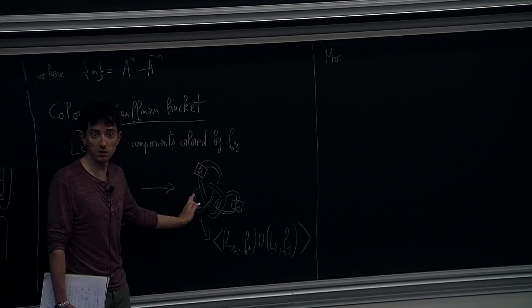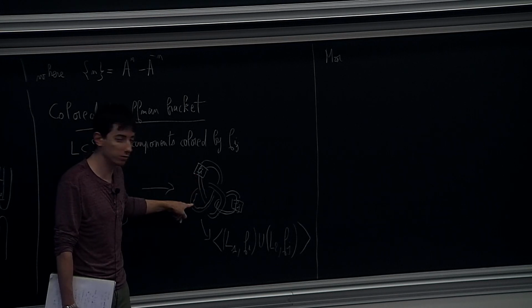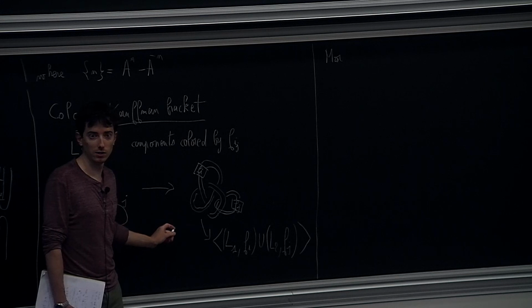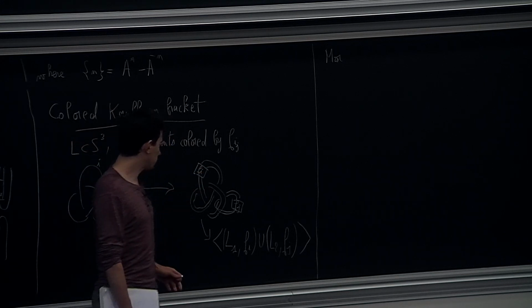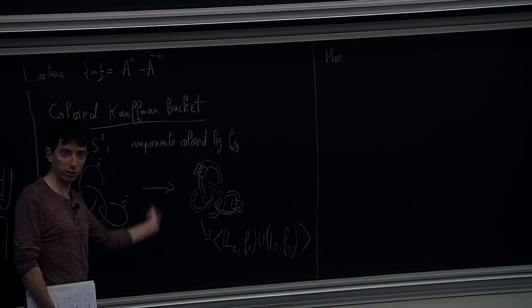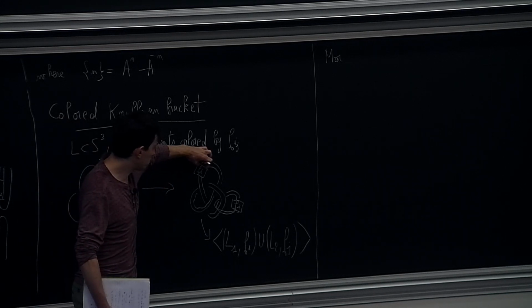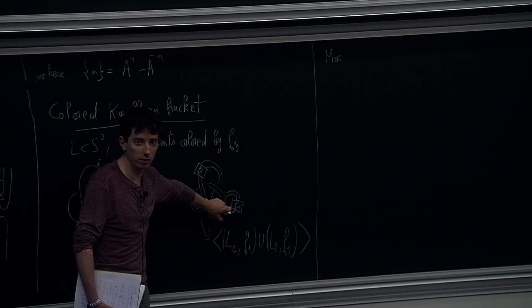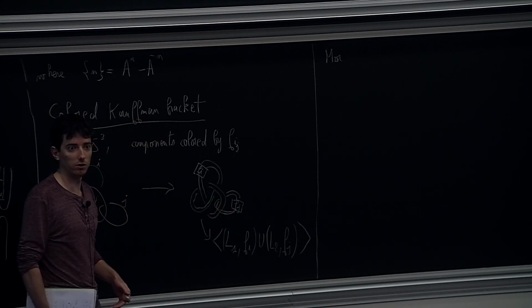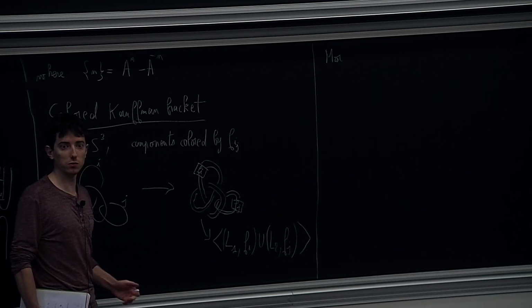I will get the same thing if I put it on a different strand. It won't change anything, just because the Kauffman bracket is an isotopy invariant. So if I put the f_i somewhere else, I can just slide this somewhere else, and I get the same invariant, because this is just an isotopy.